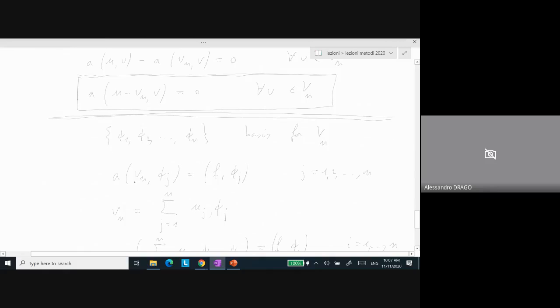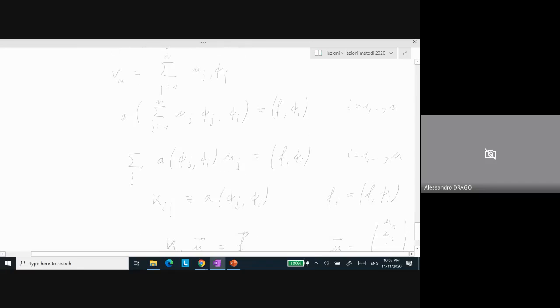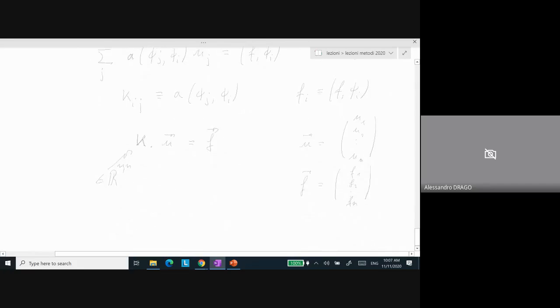So I go back to these equations and check for each of the elements of the basis, but it's finite dimensional. And finally, I expand the solution on the same basis, and I end up with a linear algebra problem.